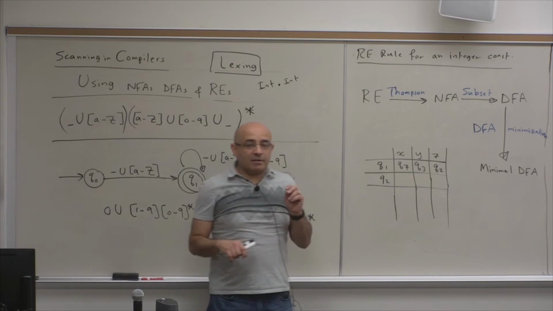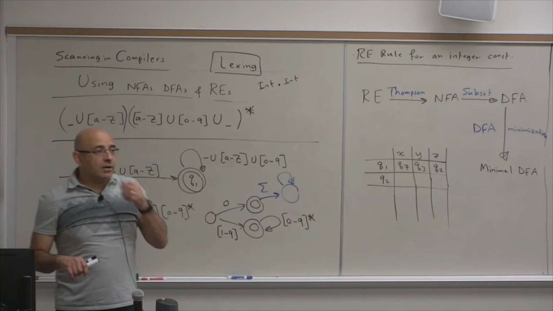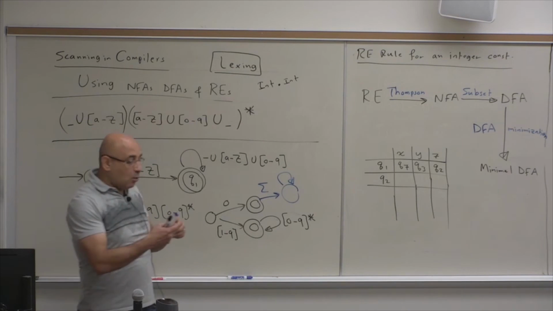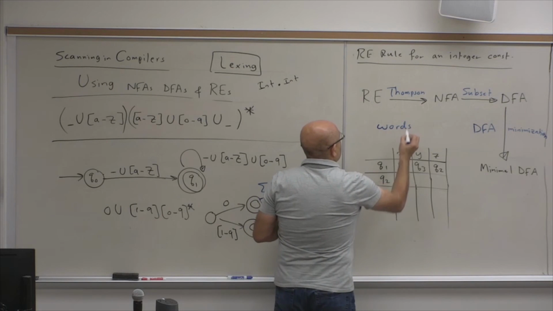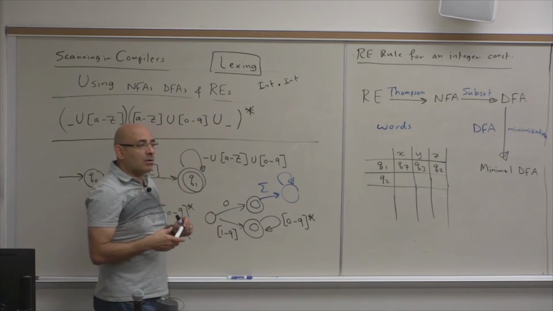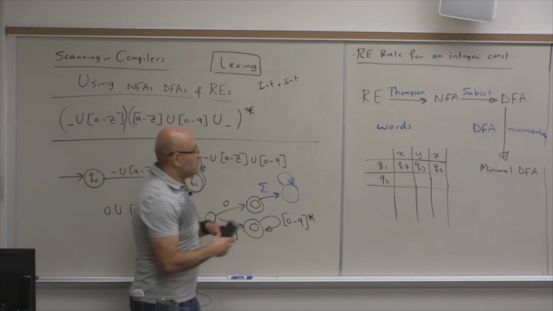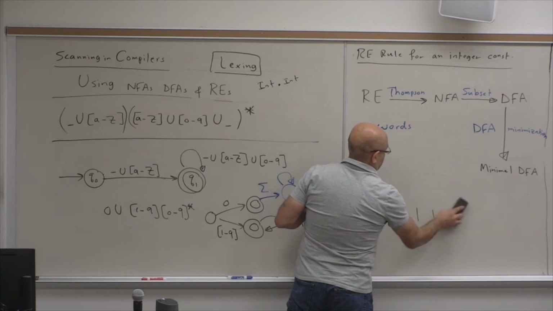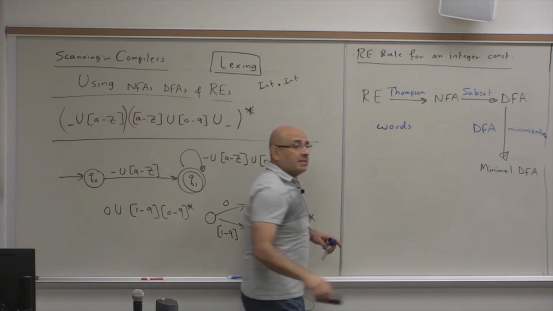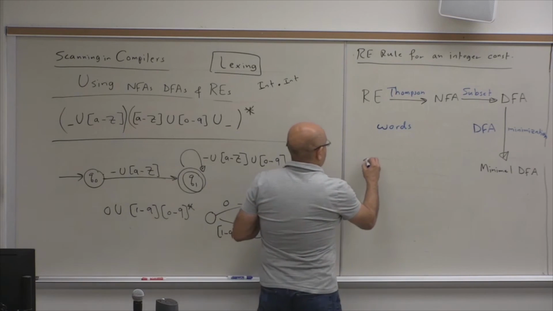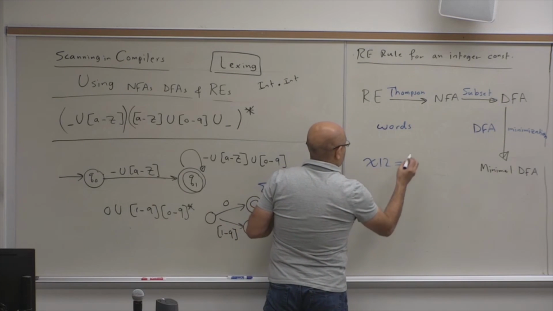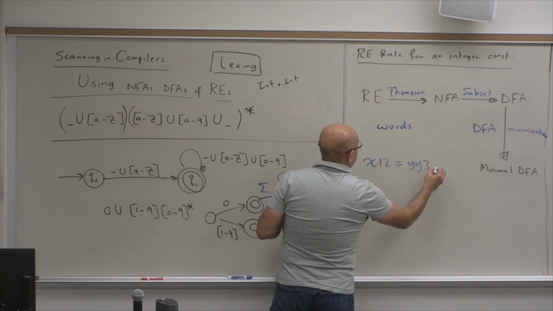So you can think of the tokens that you recognize during the scanning as words. Then in parsing, you take the words and you construct what? Sentences, like statements. So this is x12 equals yy3.